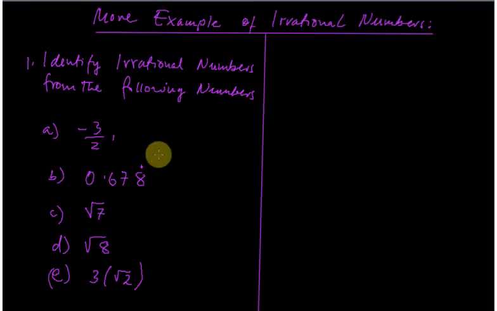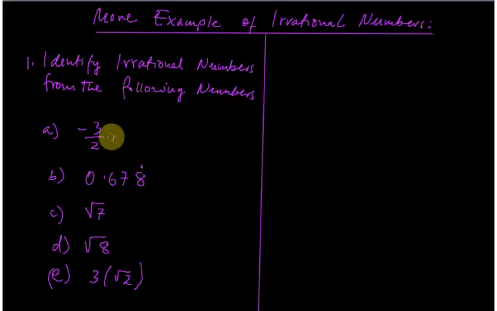We are now looking at some examples on irrational numbers. Identify irrational numbers from the following numbers. You have to be very clever here and see what is irrational. That's why we did the recap on rational numbers.